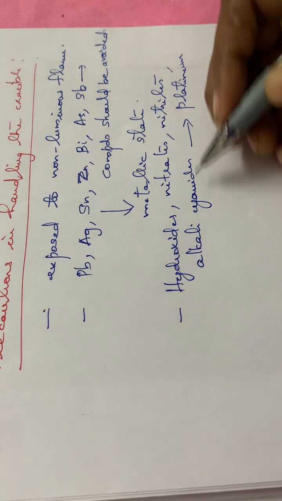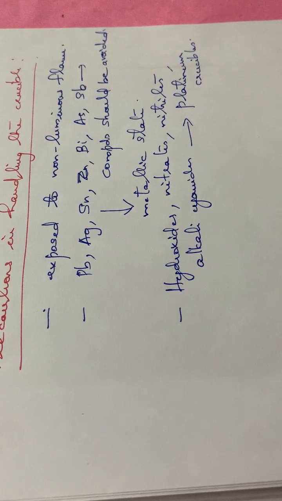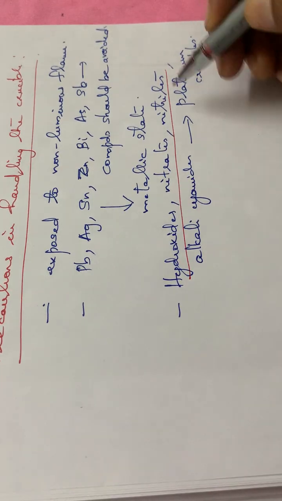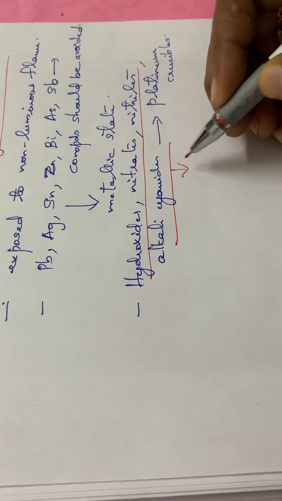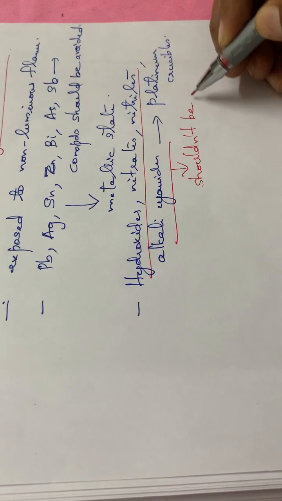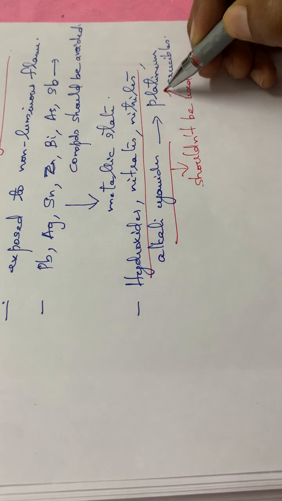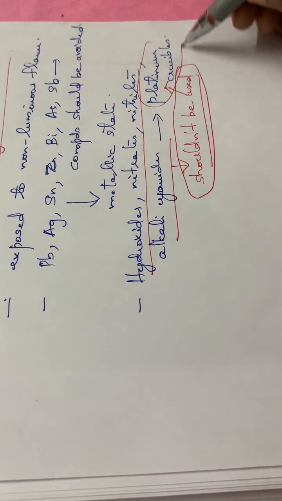We should not use all these in platinum crucibles. Hydroxides, nitrates, nitrites, alkali cyanides, etc. should not be used in platinum crucibles. Okay.